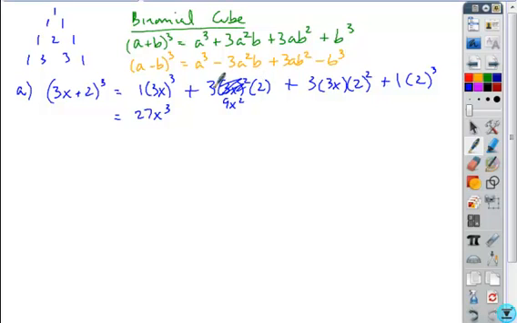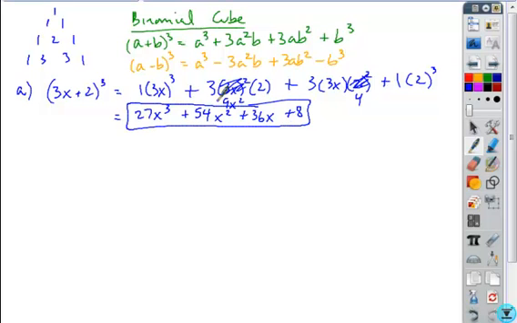Combine what you have. 2 times 3 is 6. 6 times 9 is 54x squared. If we square the 2, we get 4. 3 times 3 is 9 times 4 is 36x. And now cube the last term. 2 cubed gives you 8. And so that allows you to expand this out and rewrite your solution in standard form.